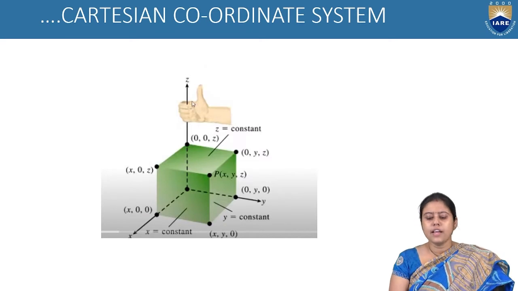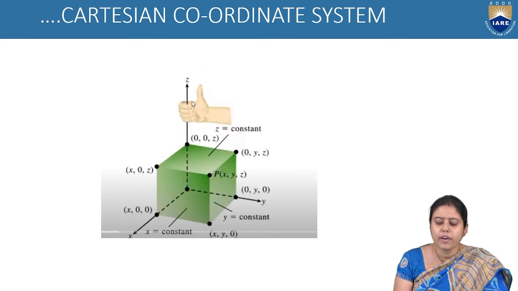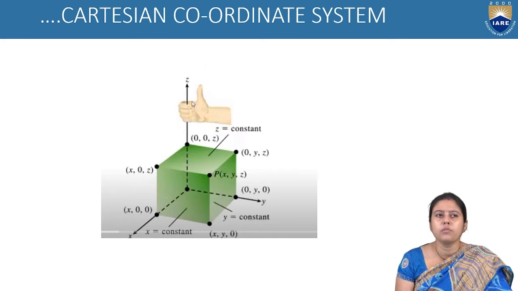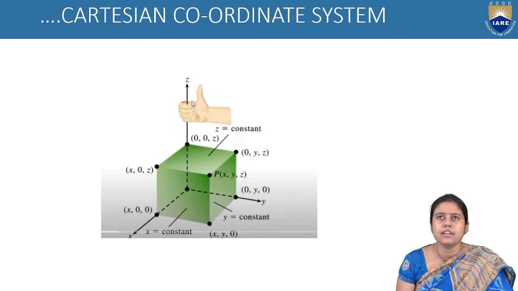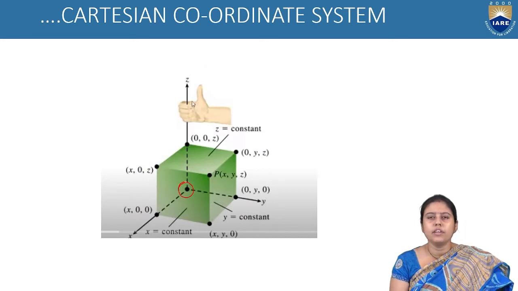This is an example of the Cartesian coordinate system in 3D. You can think about a room or your mobile; these are all examples of the Cartesian coordinate system. This is the origin, and we can say it is 0, 0, 0.